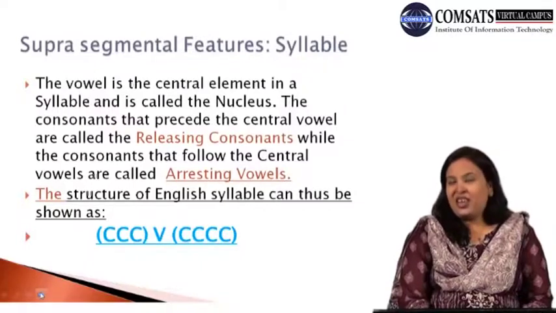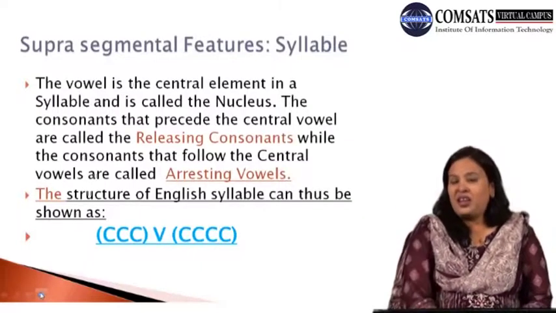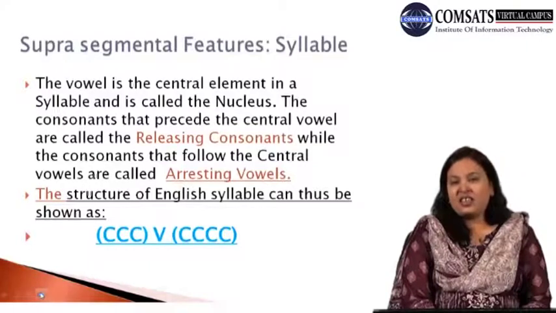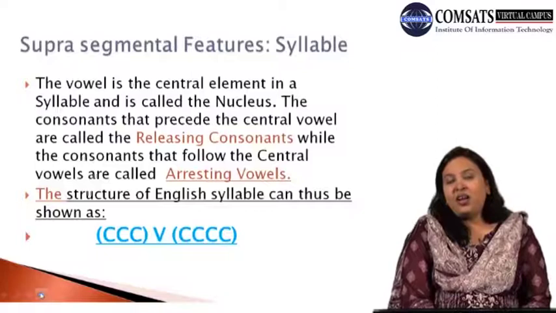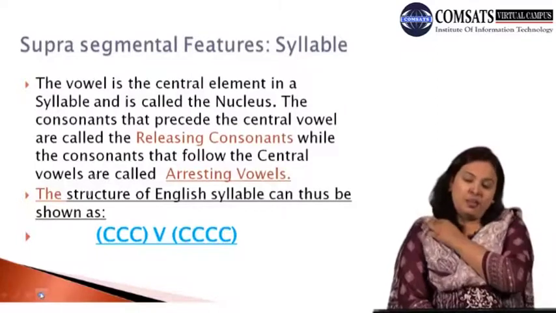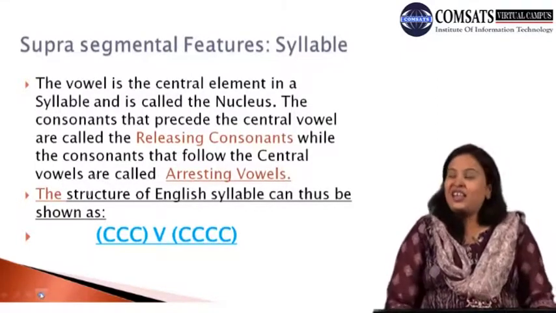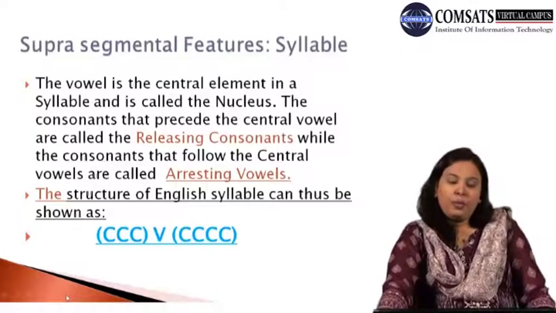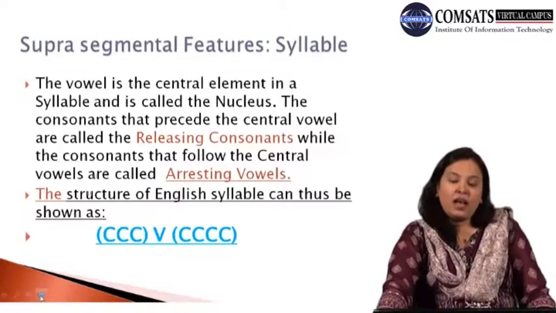The consonants, as you can see, are surrounded by brackets, which show that they are the optional parts. A vowel can exist alone to create a syllable. So this is the maximum length for a syllable in the English language.